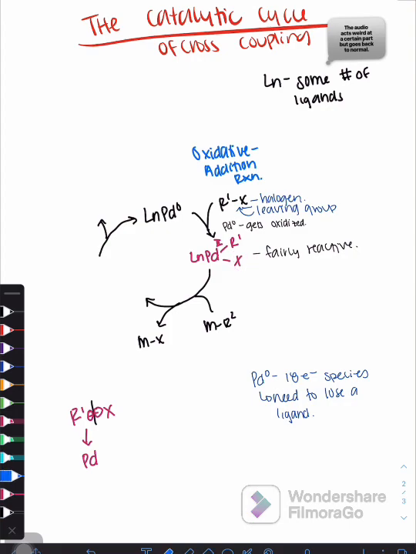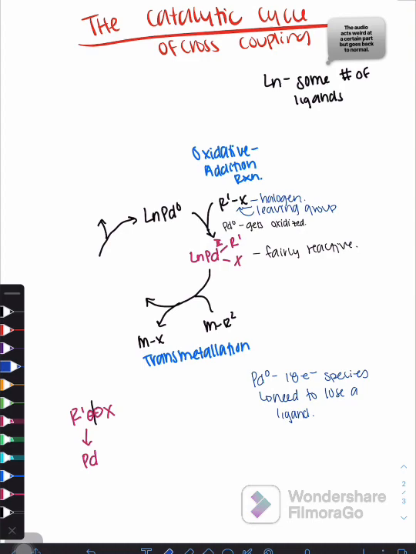So then we move on to the next step, which is called transmetallation. And this is an organometallic reagent.